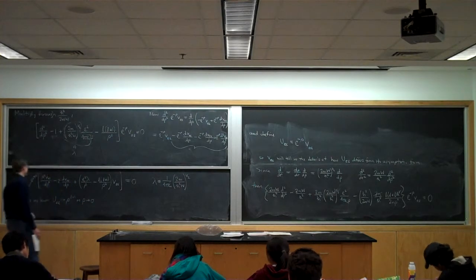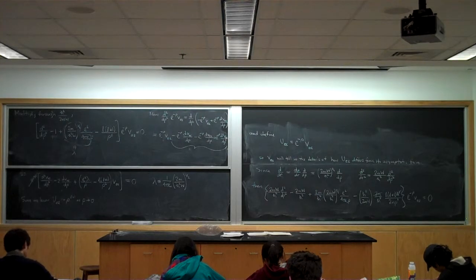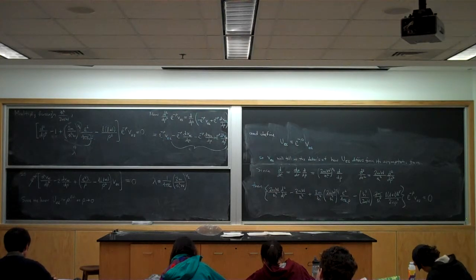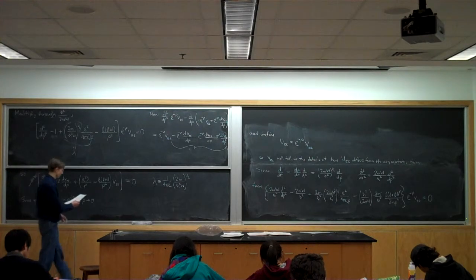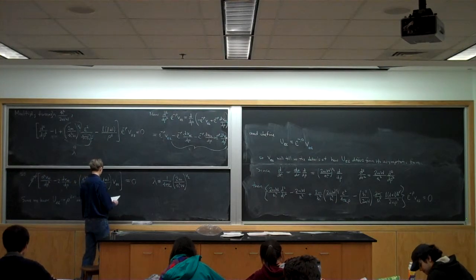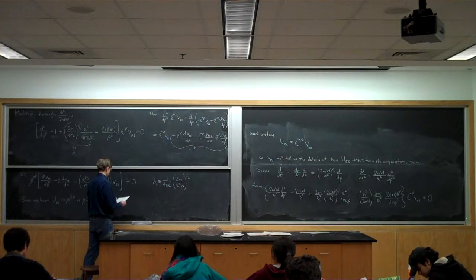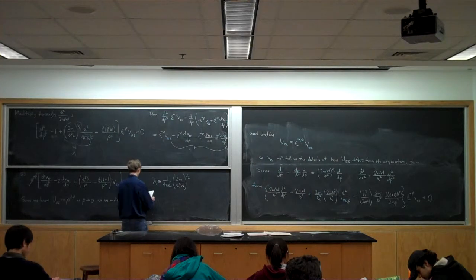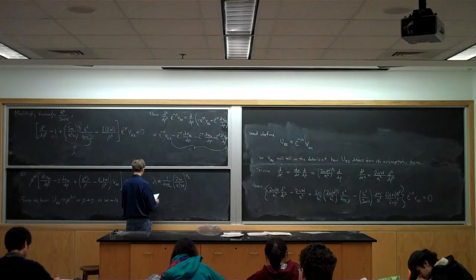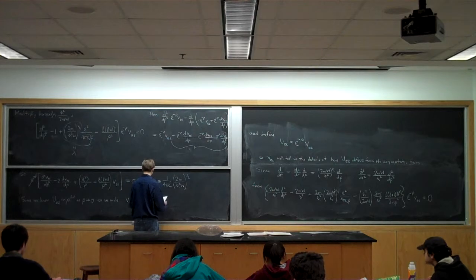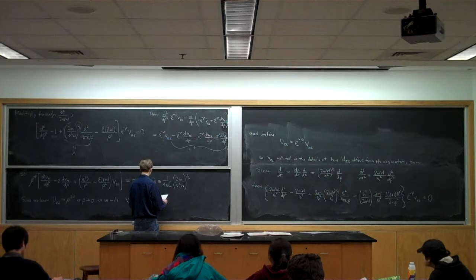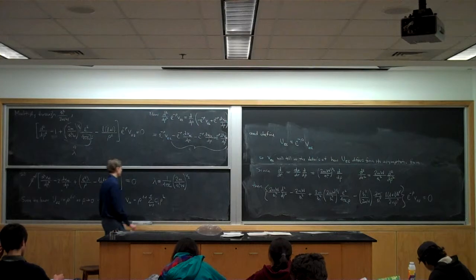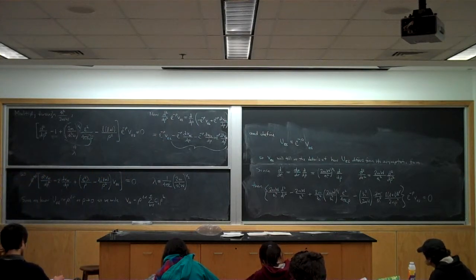Now we're again going to use something we already know. We already know that U_EL looks like rho to the L plus 1 as rho goes to 0. So we're going to write that V_EL is rho to the L plus 1 times a power series, k equals 0 to infinity of C sub k rho to the k power.